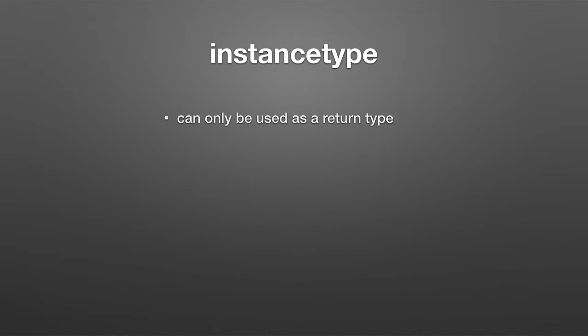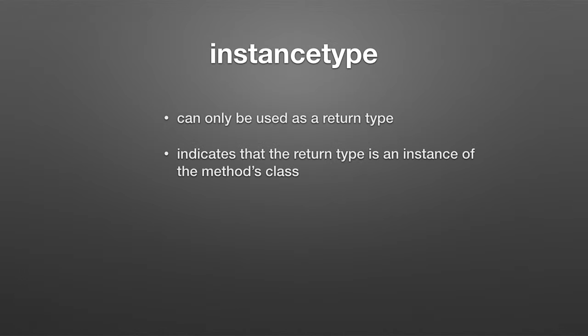Well, it can only be used as a return type. It's the only place it's valid. And it's an indication to the compiler that the return type is an instance of the method's class. In other words, you're returning an instance of whatever class that method is defined in.